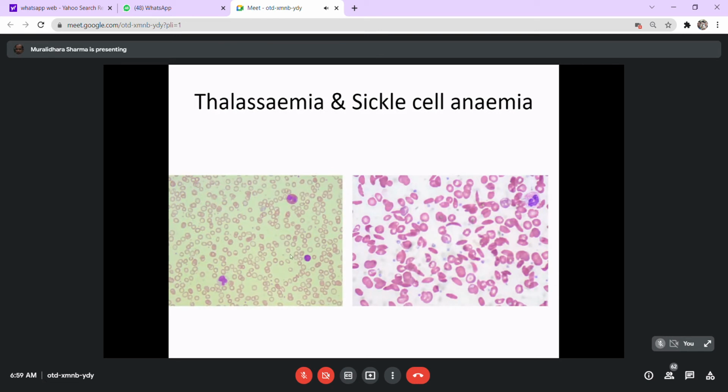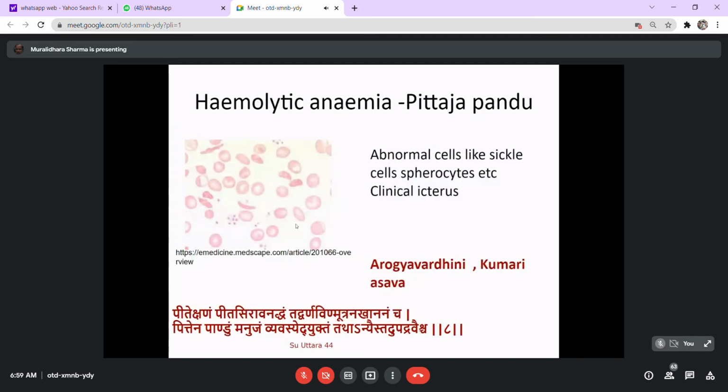Hence, they get destroyed rapidly as these RBCs pass through the sinuses of the spleen, and they tend to get destroyed prematurely.